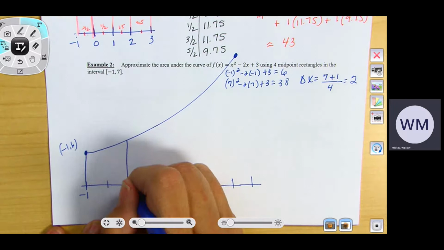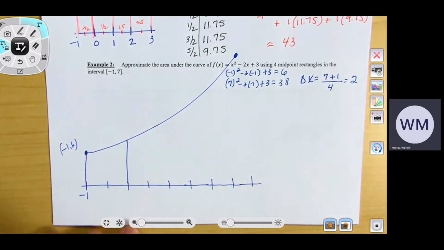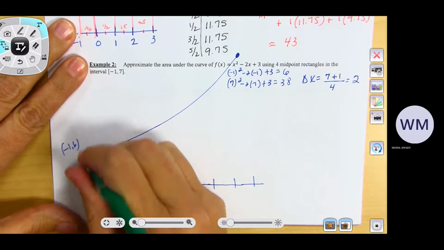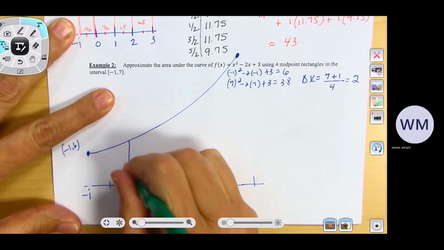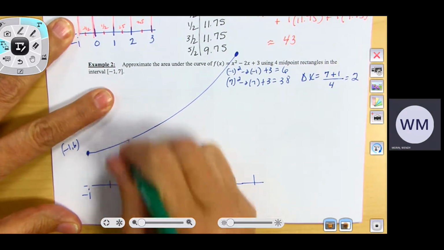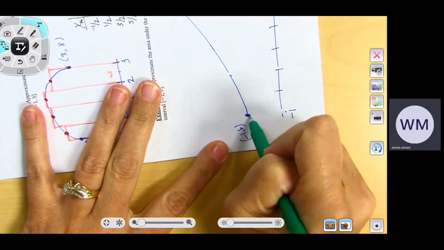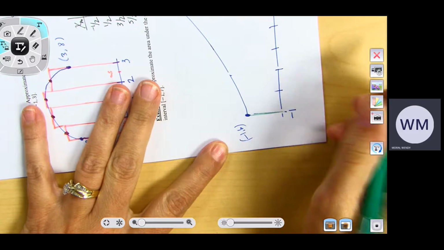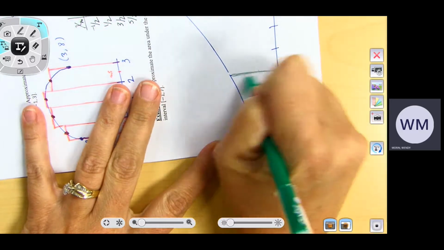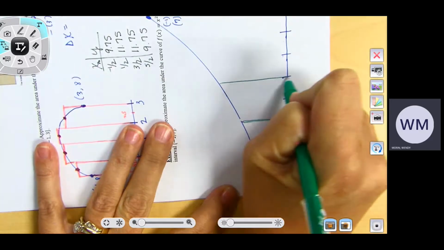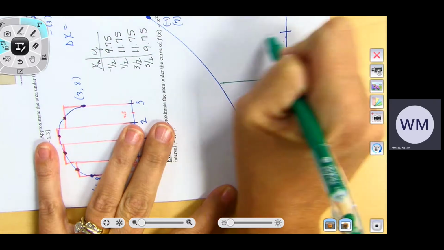I'll use a different color so we can see the rectangles. We're going to do a width of 2, so every 2 is going to be a new rectangle.